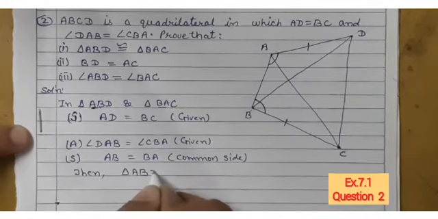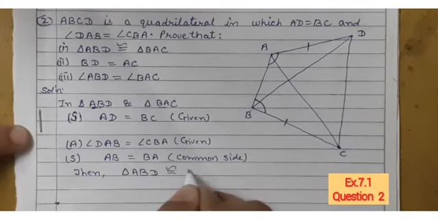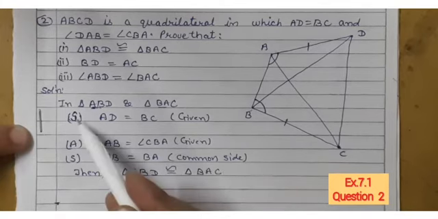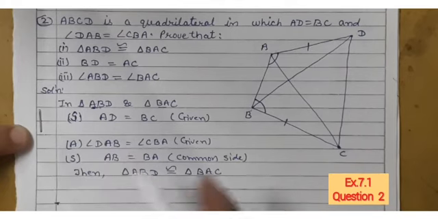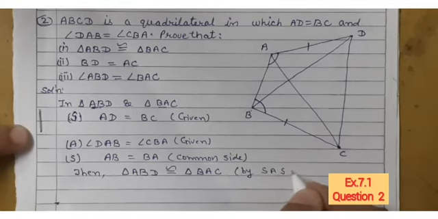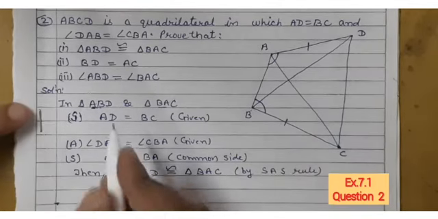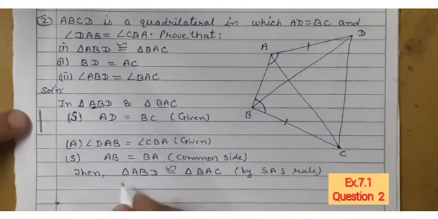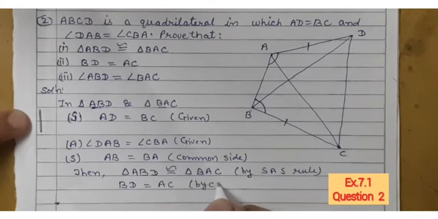Then what you can say? Triangle ABD will be congruent to triangle BAC. What is the rule? See here, by SAS congruence rule. And second thing, what? If SAS is there, then we can say BD equal to AC by CPCT.